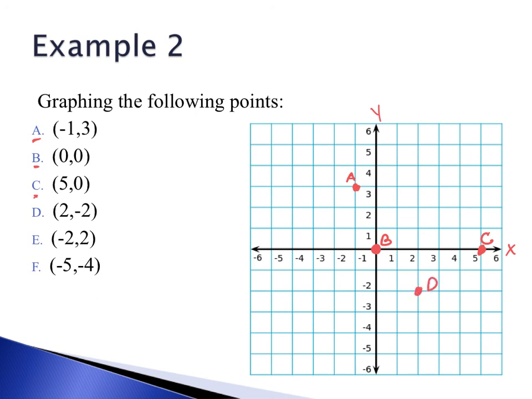E is a -2 first, so that means I'm going to the left 2, and then a +2, which means I'm going to go up 2 on the y-axis. So this would be E, and F is -5, -4, so I'm going to the left 5 and down 4. So this point here would be F.